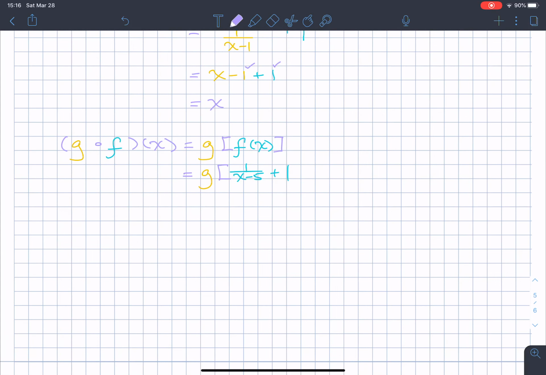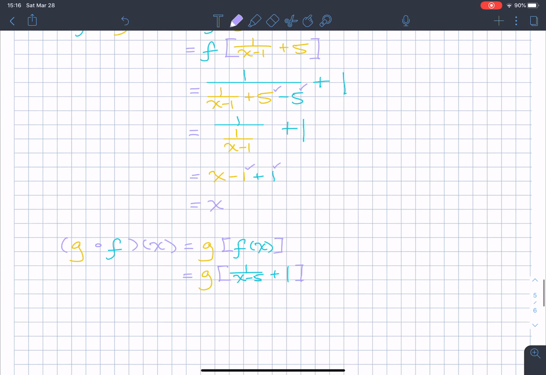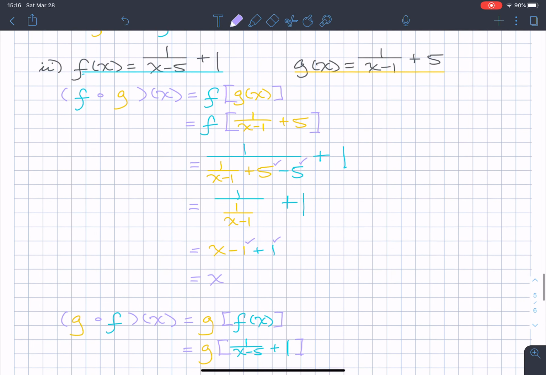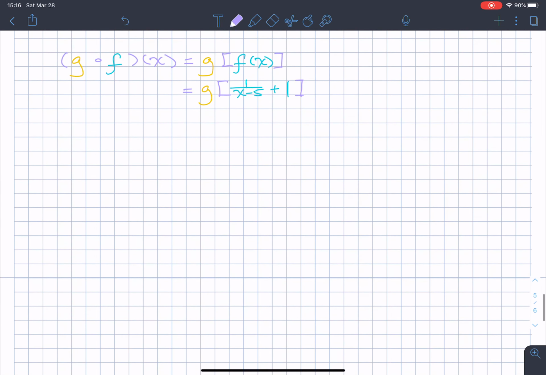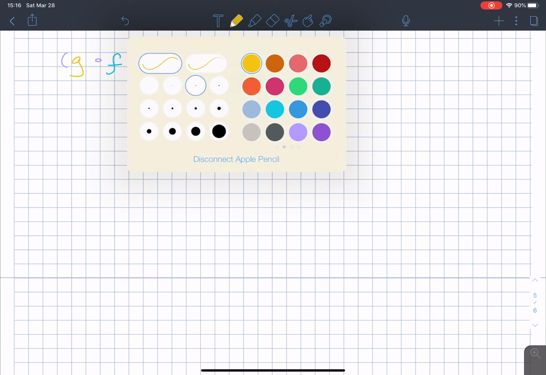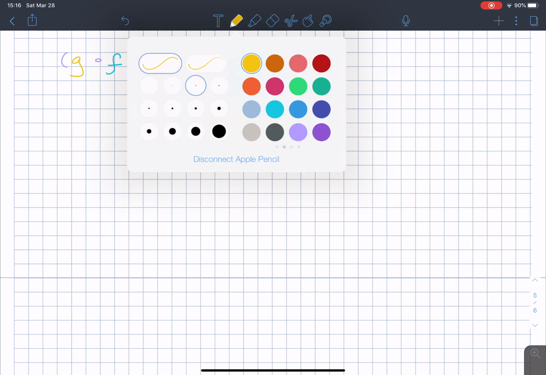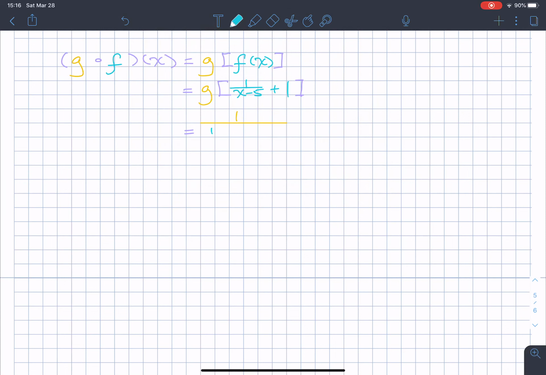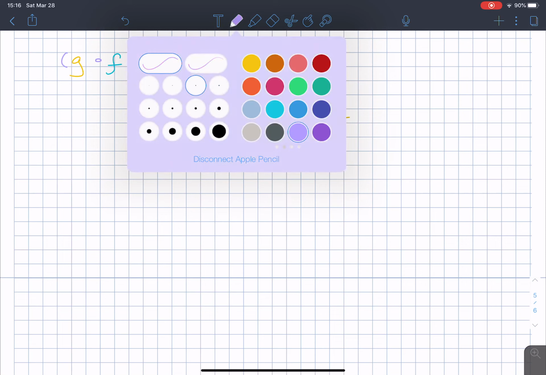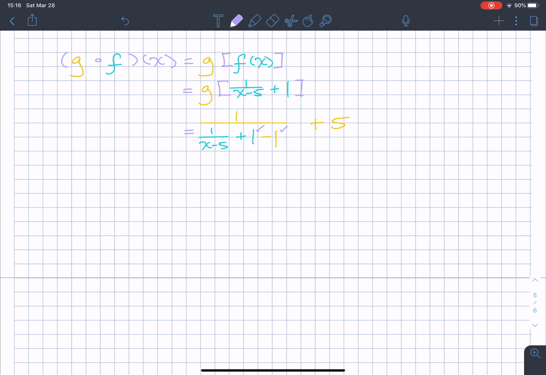Okay, so what does g do with each input? It does 1 over input minus 1, plus 5. Okay, so it's 1 over 1 over x minus 5 plus 1, minus 1, and then plus 5. Okay, so we see that the ones sum to 0.